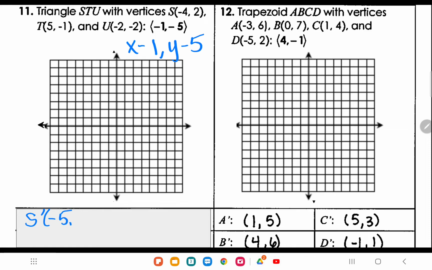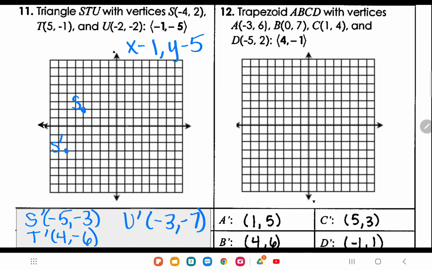So S prime is going to be located at (-5, -3). T prime is going to be located at (4, -6). And U prime is going to be located at (-3, -7). I can go ahead and graph that. There's S. And there's S prime.